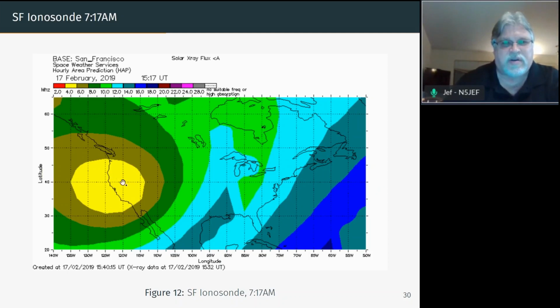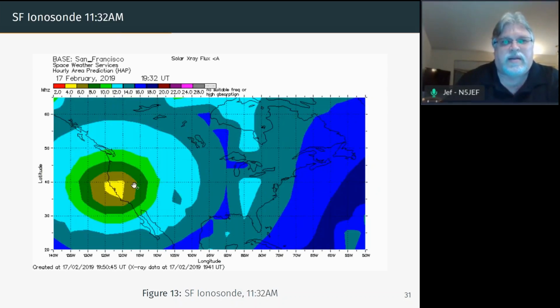It's something less than 6 megahertz. So 80 meters and 60 meters are both really good with these conditions, providing solid coverage within this entire yellow circle. Later in the morning, it's time to start looking at 60 meters or possibly 40 meters.